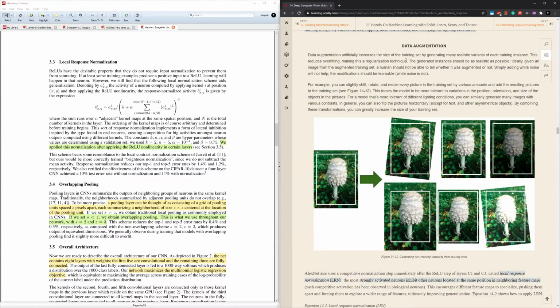Sure. So this has been described by Christopher Ré at Stanford and his group. Normally when you have a data set and your data set is small, the CNN is power hungry, you want more cases, so you're going to augment.